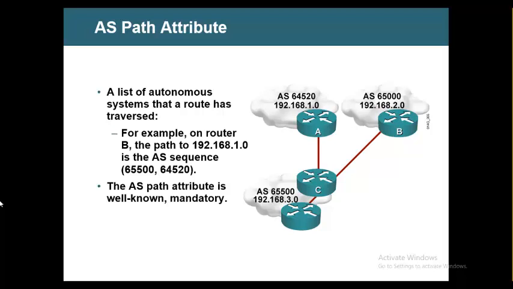See? For position 1.0, it puts its own AS first and the destination AS.